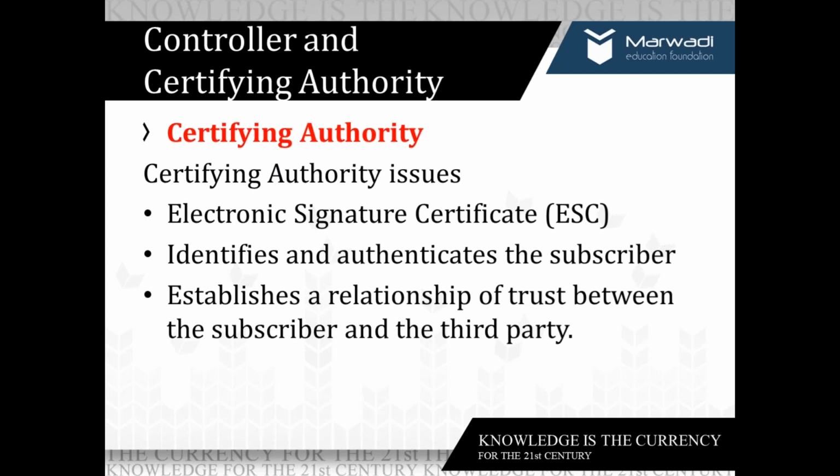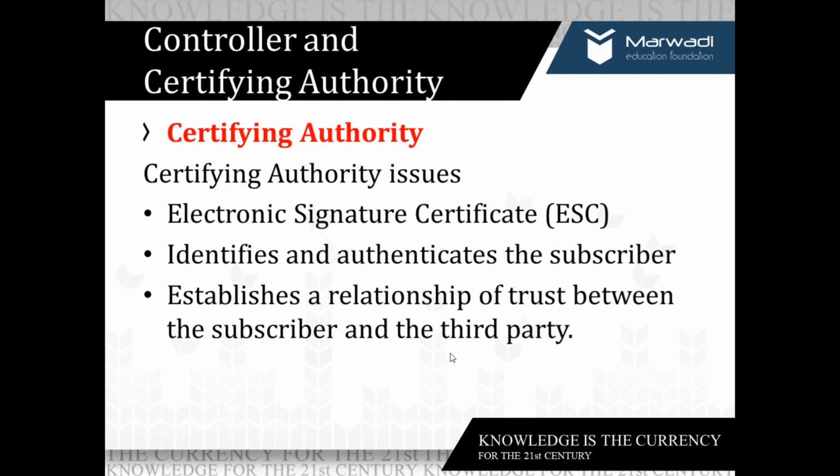They are the controller. They will designate the certifying authority, and the certifying authority has some tasks. What kind of tasks? Electronic signature designing. They will design the electronic signature certificate, identify and authenticate the subscriber. Who are the subscribers? They establish a relationship of trust between the subscriber and the third party.